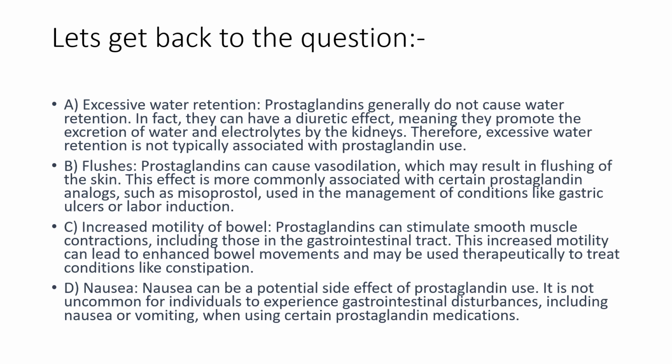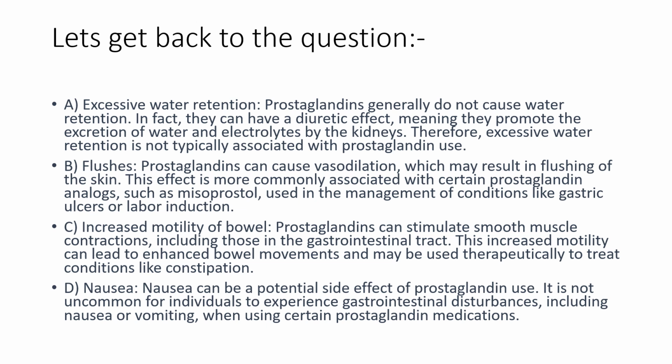Now, option B, flushes. Flushes are caused by vasodilation, and are more commonly associated with certain prostaglandin analogs like misoprostol, used in the management of conditions like gastric ulcers or labor induction. Option C is increased motility of bowel. Prostaglandins can stimulate smooth muscle contraction, including those in the GIT.